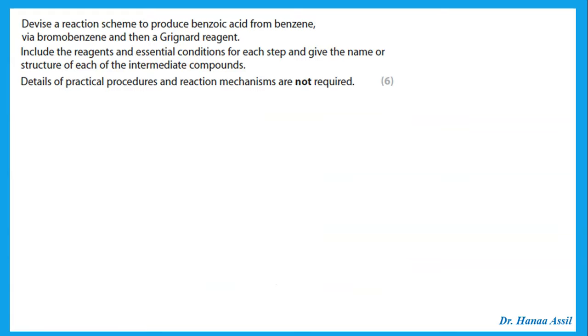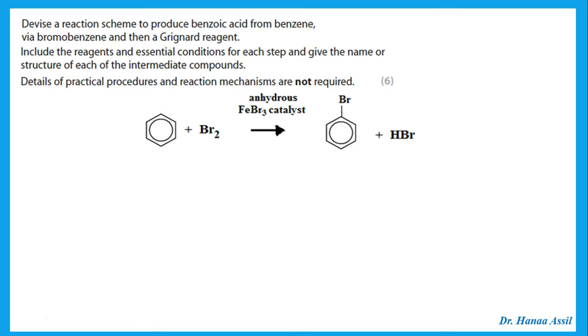Another question says, devise a reaction scheme to produce benzoic acid from benzene. So I want to start with benzene. I want to form benzoic acid via bromobenzene and then a Grignard reagent. So we want to make bromobenzene first. That means benzene plus bromine in the presence of anhydrous iron(III) bromide.